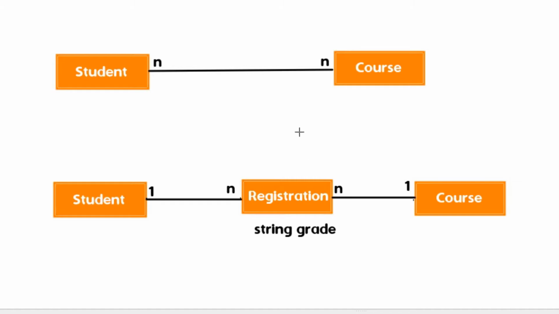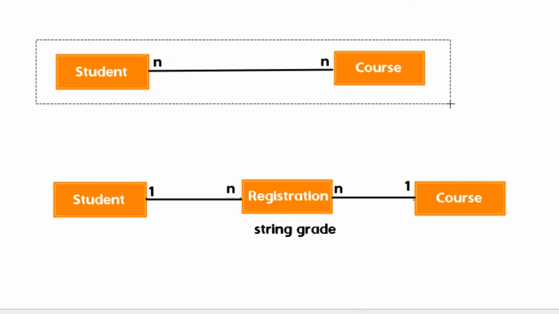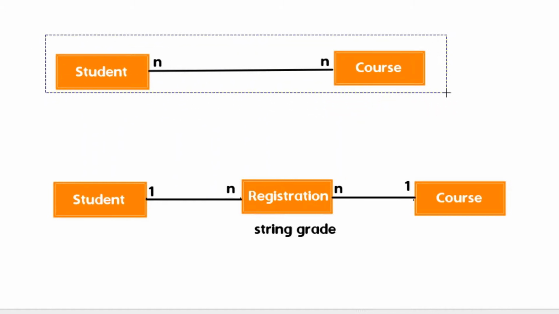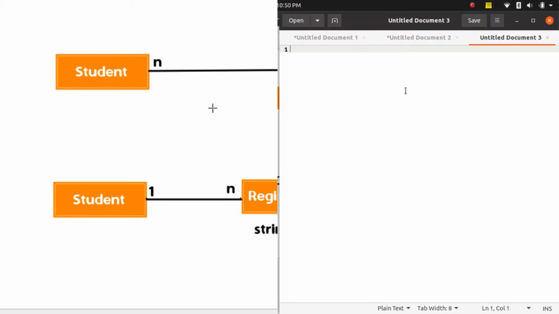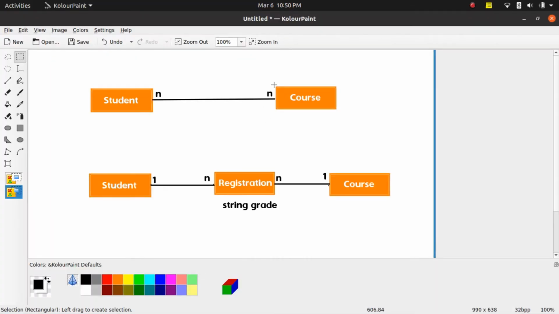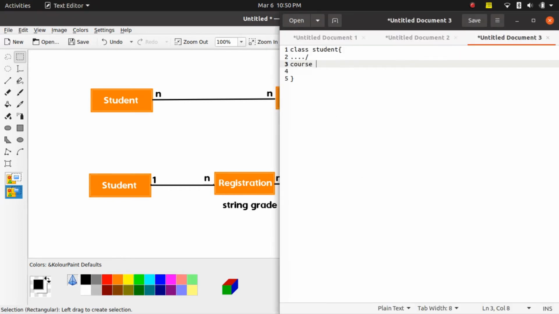So for example, if I just need to represent this relationship end to end, I could do it in C++ like this. Class student, here we would have its attributes, and then we would have a course pointer array. So I would have a course array that would have n cardinality.